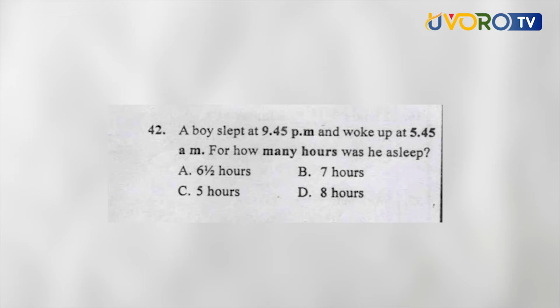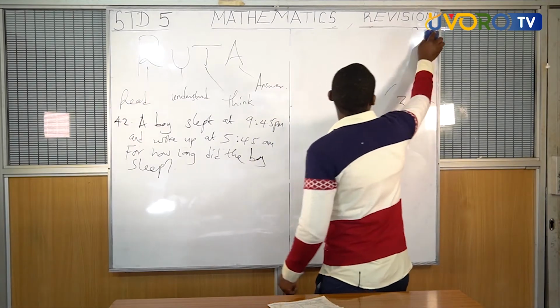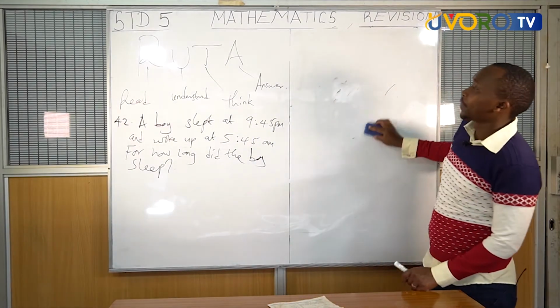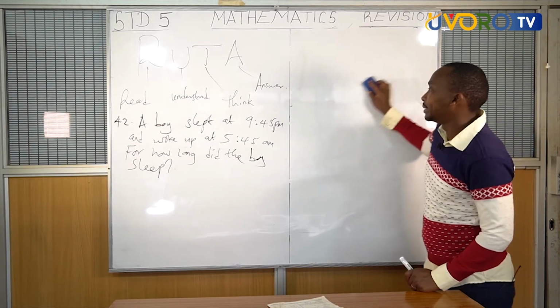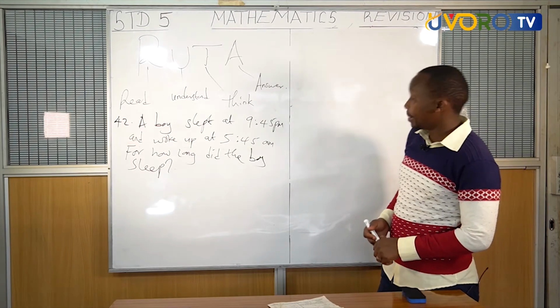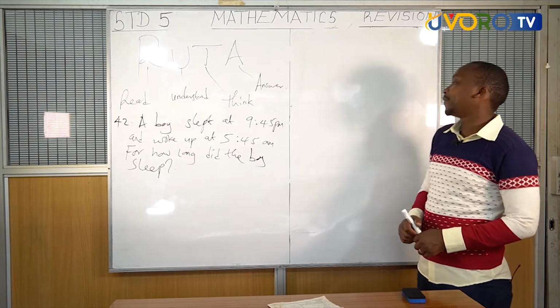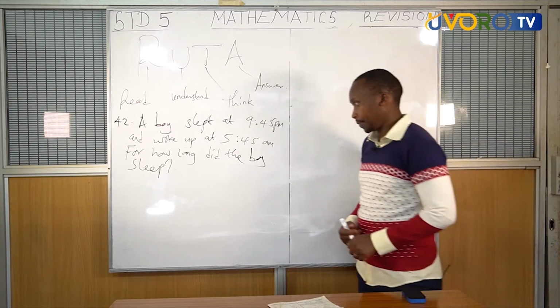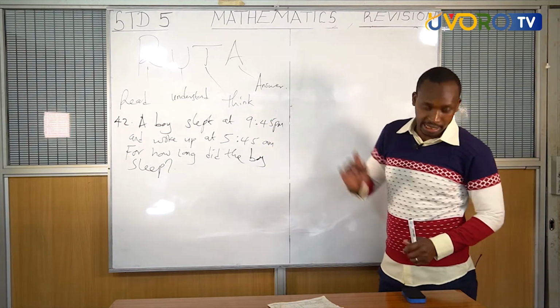Now, using our formula, R was standing for reading. Let's all of us read. A boy slept at 9:45 p.m. and woke up at 5:45 a.m. For how long did the boy sleep?